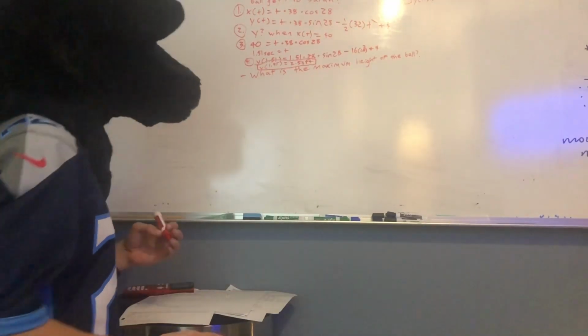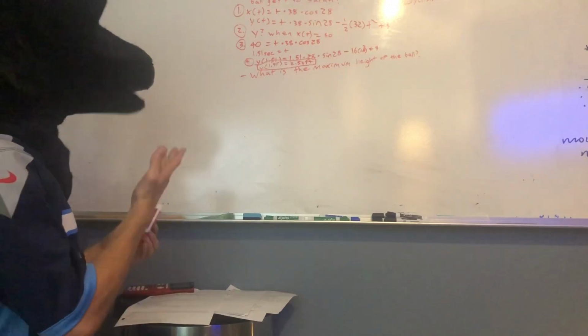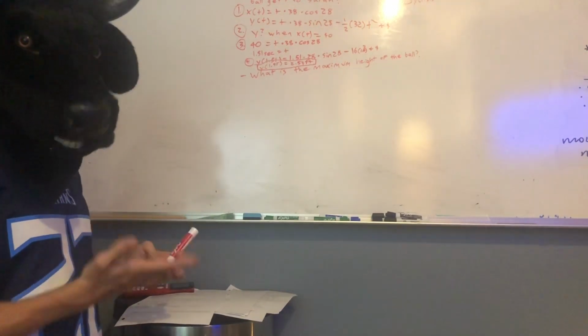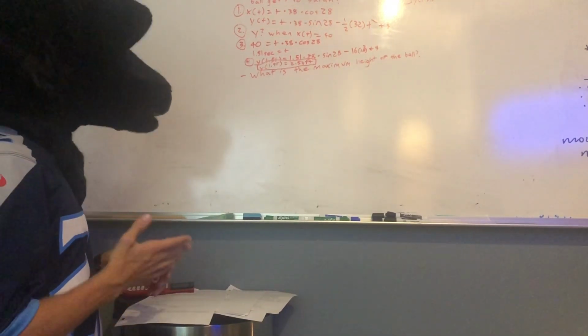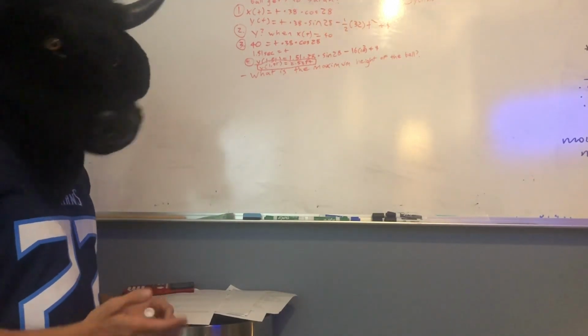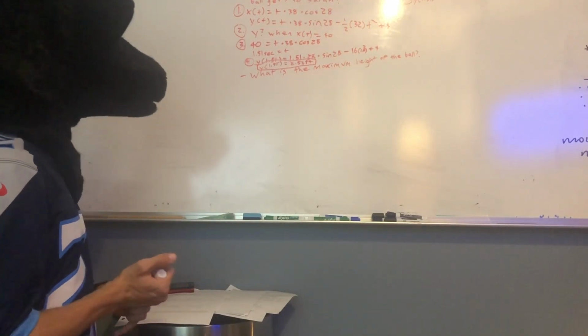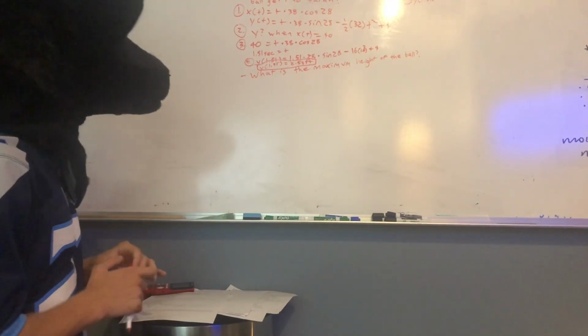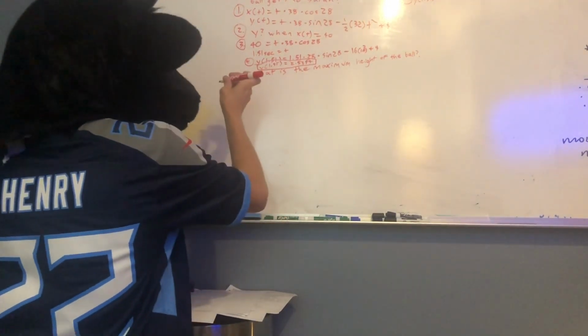For the next part of the problem, we're going to be looking at the y equation, or the vertical distance, to find the maximum height of the ball. So the trick to this one is the y equation can be written as a polynomial.